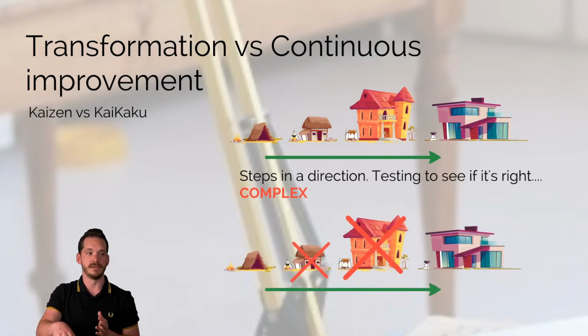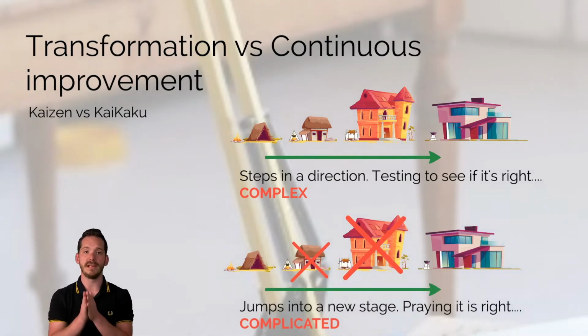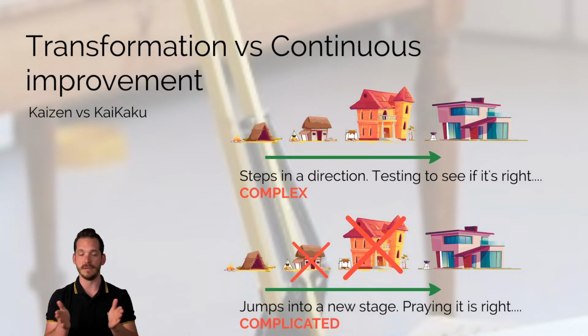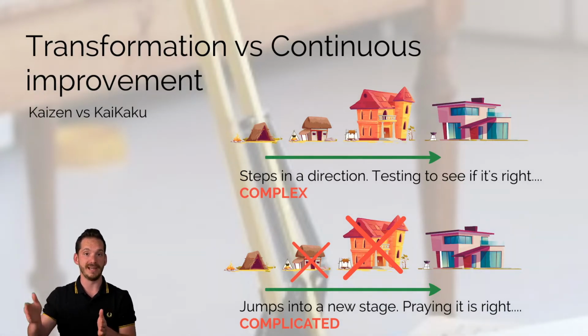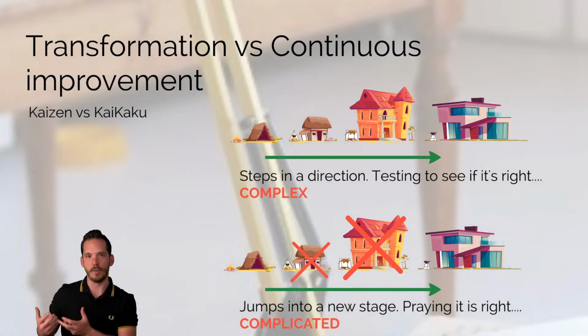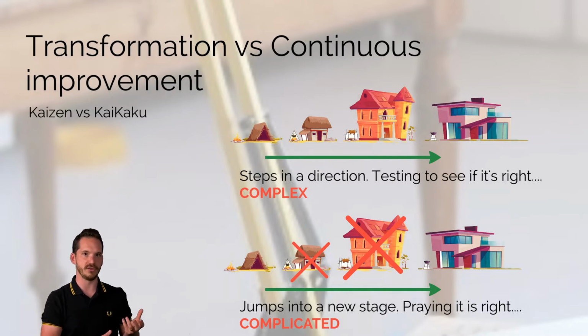If, for instance, you're in a complicated situation, like your home, if you know exactly what you want and it's never going to change, then there's no point iterating towards that goal. You should have a current state, and then you should plan and focus on delivering to the end state. So again, this is where we go back to the Cynefin model, where we say, right, are we in a complex industry or a complicated industry?